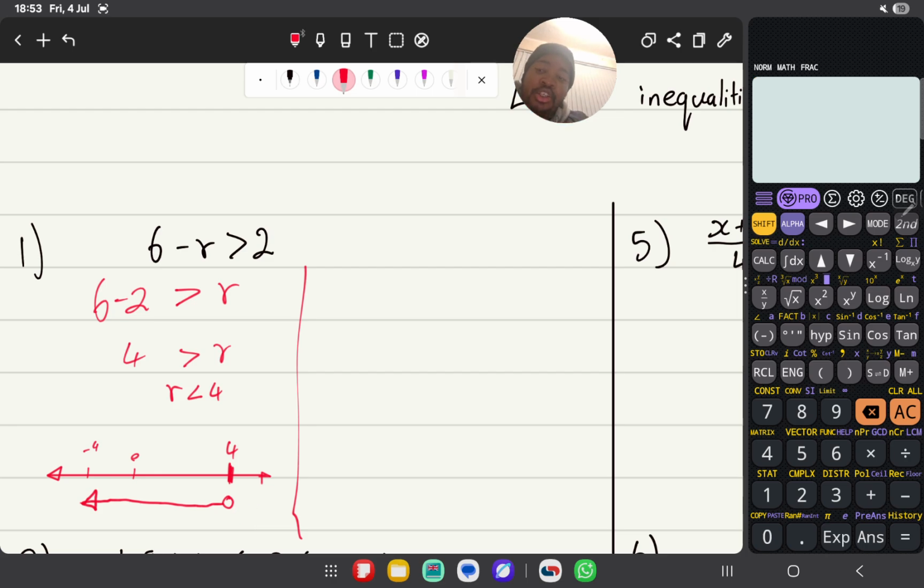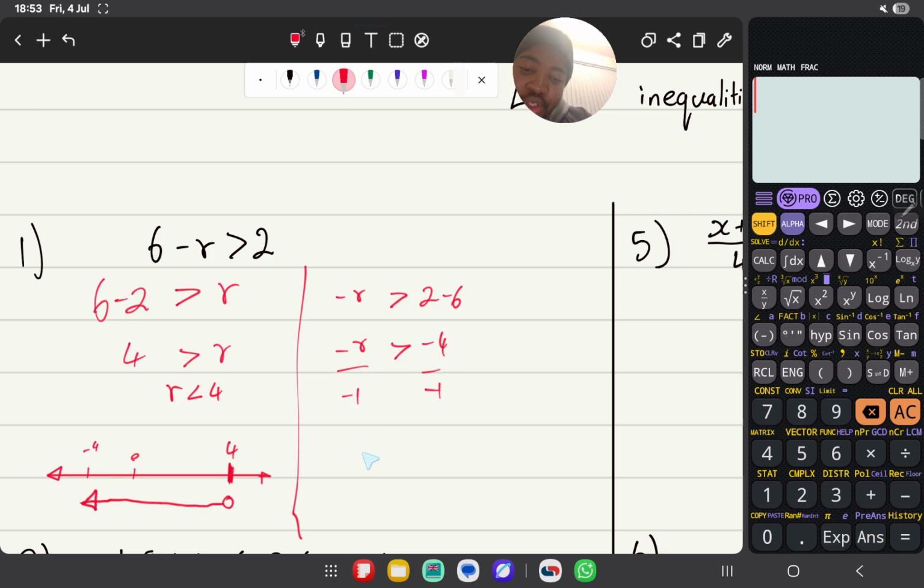But now I want to show you this other thing. For example, someone decided to say, okay, I have minus r is greater than 2 minus 6, and therefore minus 4. Then you divide by -1.